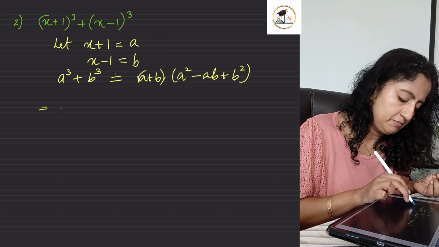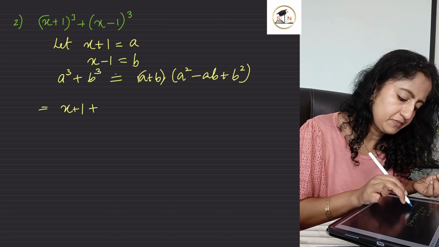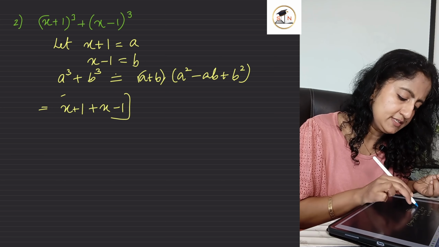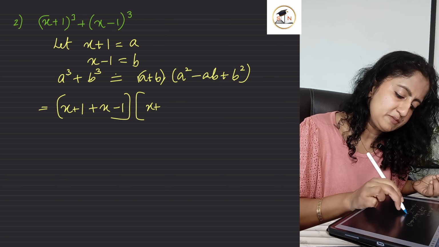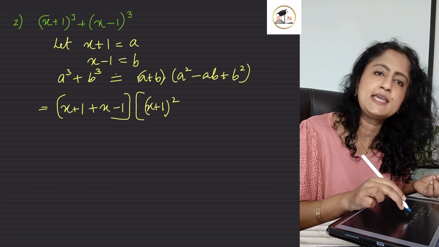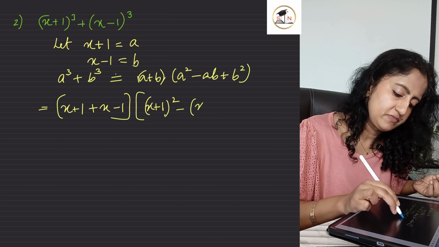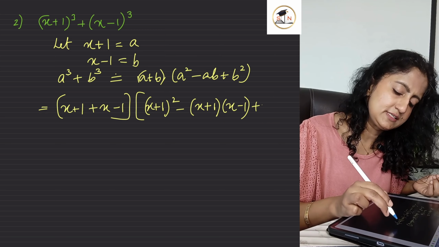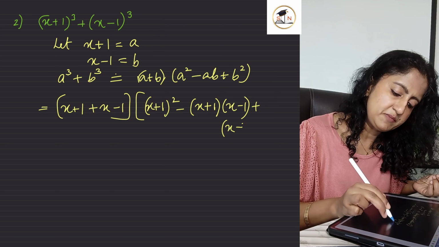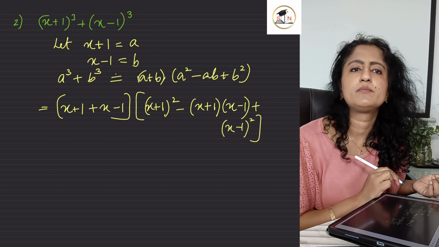Now a plus b means x plus 1 plus x minus 1. This is our first bracket. The second bracket is x plus 1 whole square, because it was a square, minus x plus 1 into x minus 1, plus we have x minus 1 whole square.